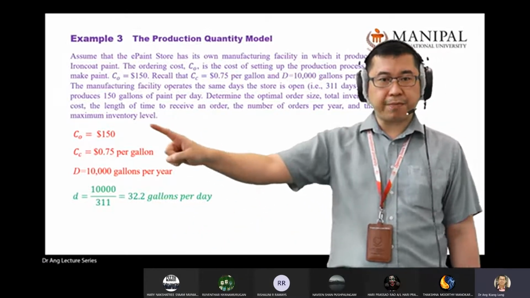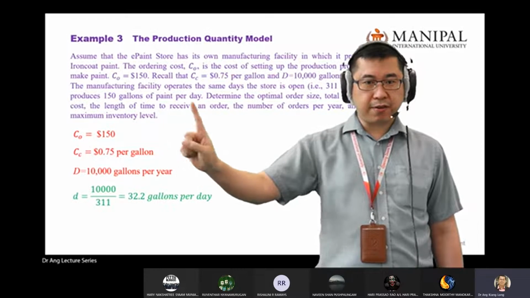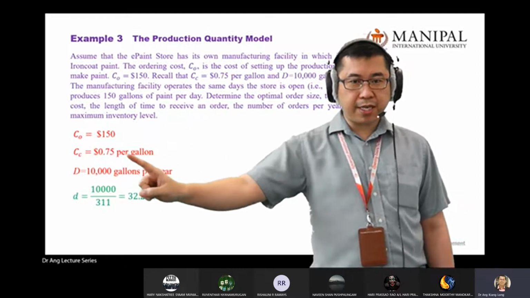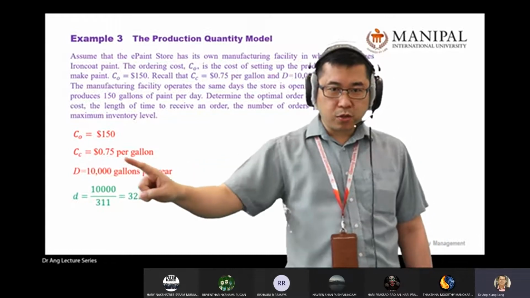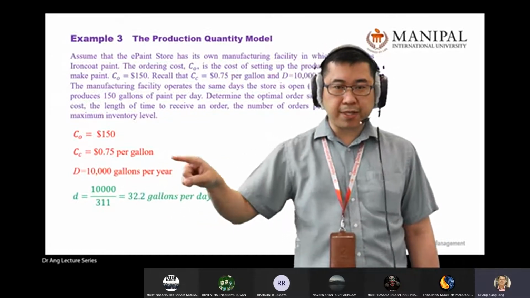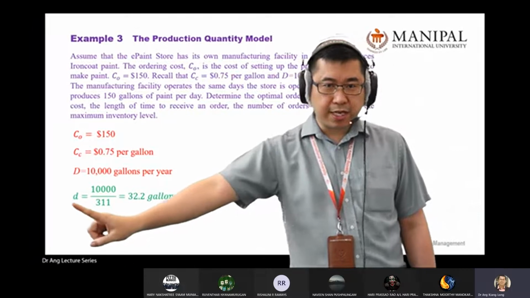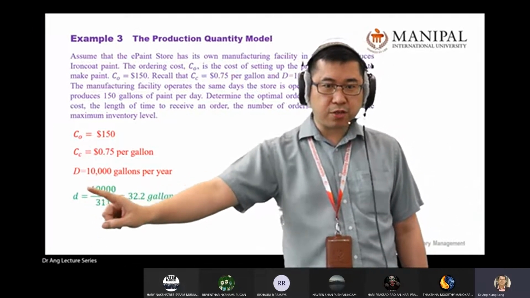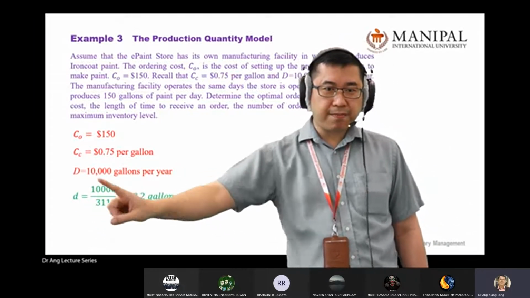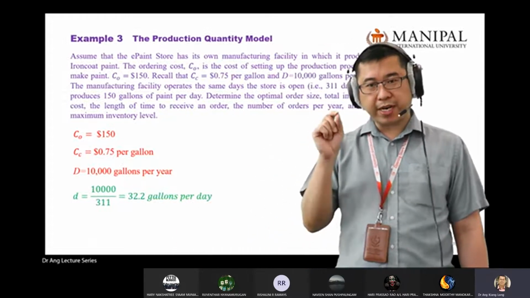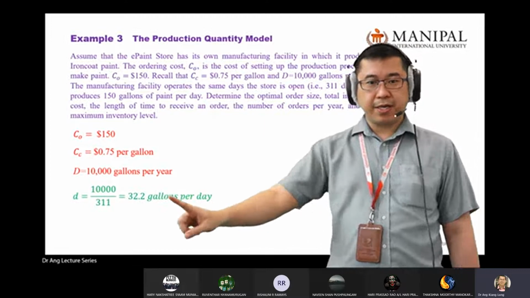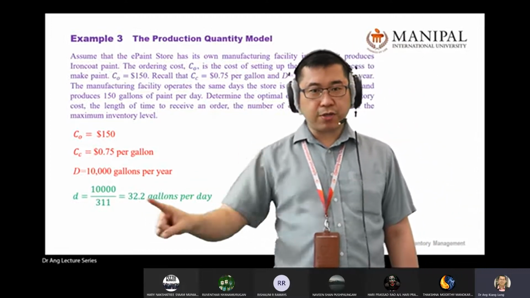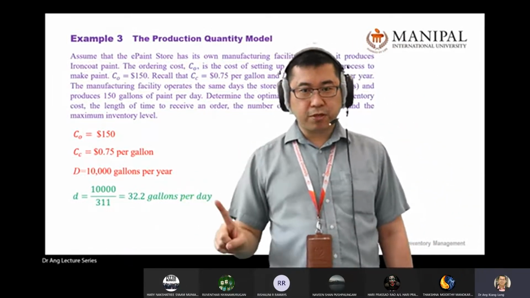So you get four parameters: CO given, CC given, capital D given. So don't make mistakes. Don't use the capital D for the small d. There's a difference between these two. Capital D is per year, but in the calculation to find the maximum inventory number and average inventory number, in the four equations that you use, you are using small d. You're using per day.